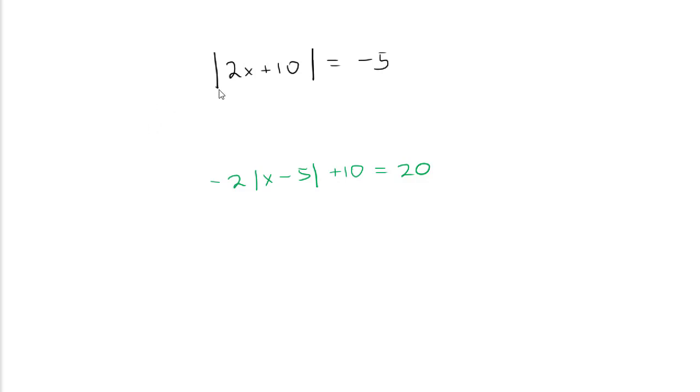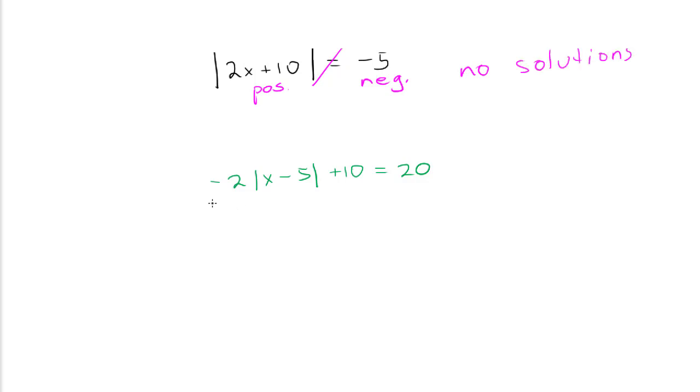For example, number 1: the absolute value of 2x plus 10 equals negative 5. What do we think of that? Well, right away, if you're attentive, that cannot be true. The absolute value is always positive. It takes a negative, makes it a positive, and keeps a positive positive. There is no way a positive can equal a negative value. So right away, we know that case would have no solutions.